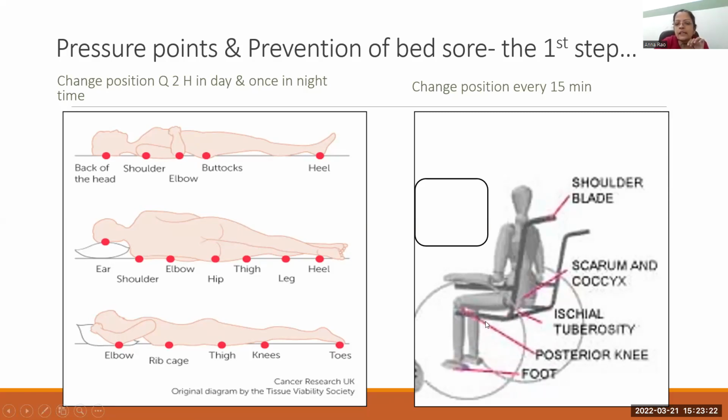So always keep some padded part, so that there is no vigorous pressure at the knee and the sacral region. There will be a lot of pressure on the ischial tuberosity also, when we are in the sitting position. So padding at that point is also important.